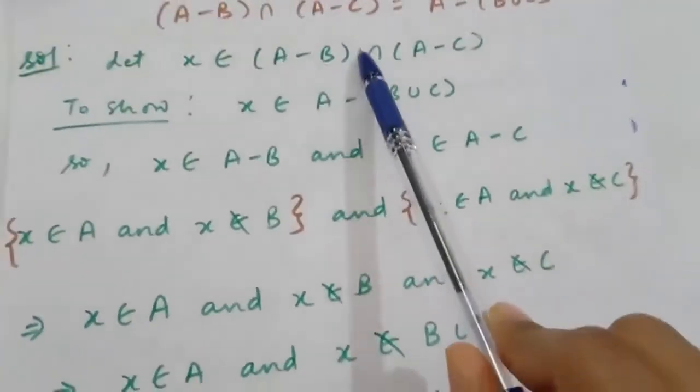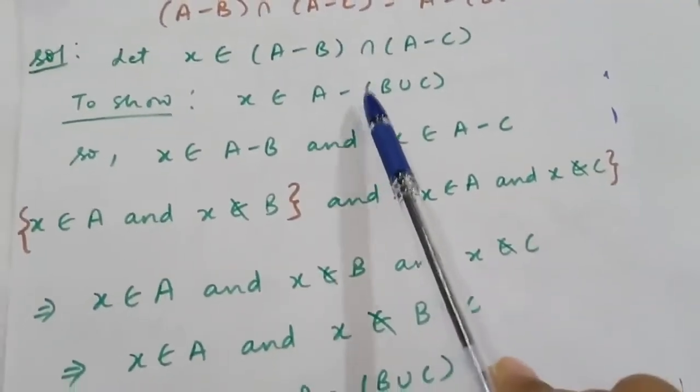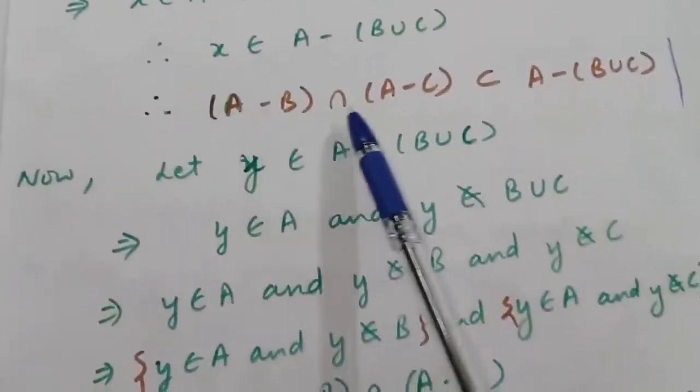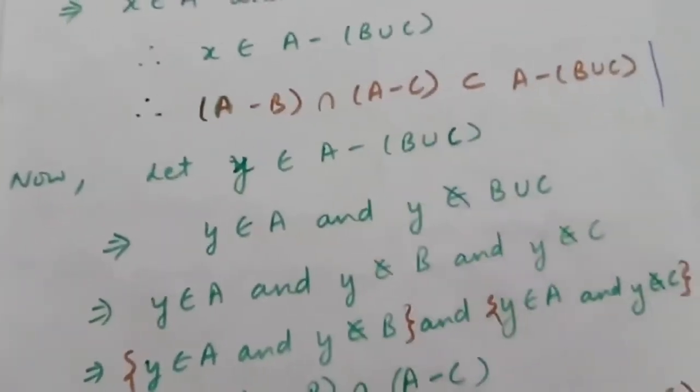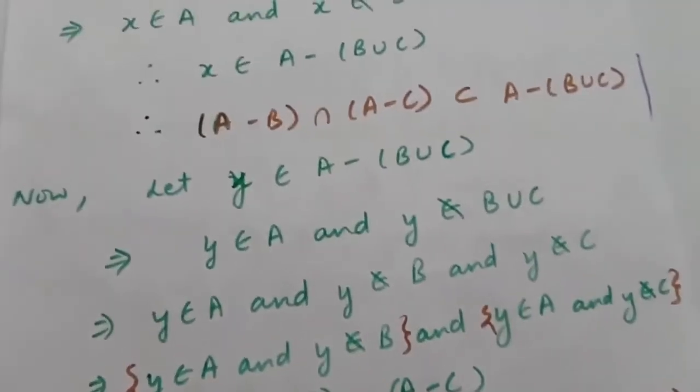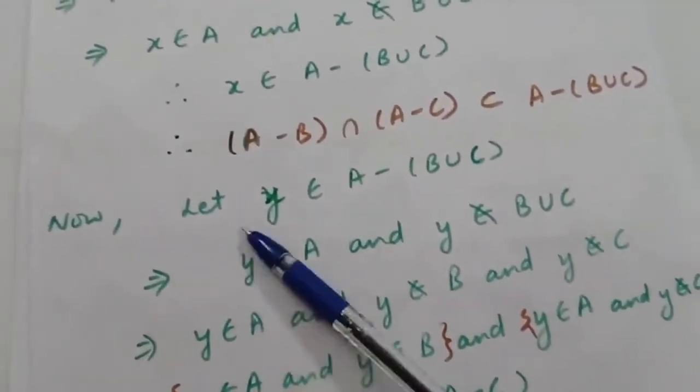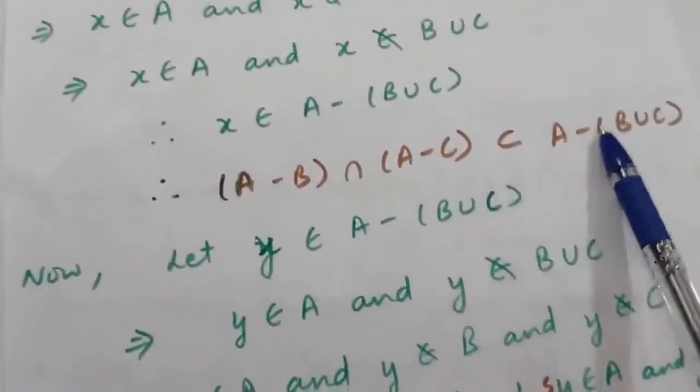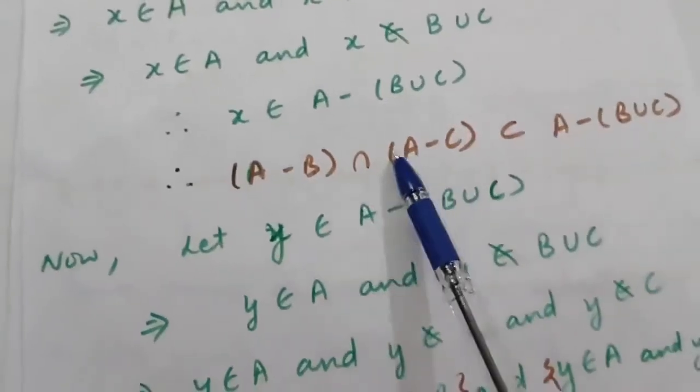Therefore, we started with X belonging to this, and we have shown that X belongs to this. Therefore, A minus B intersection A minus C is a subset of A minus B union C, right? Now we will show the opposite, that this is a subset of this.